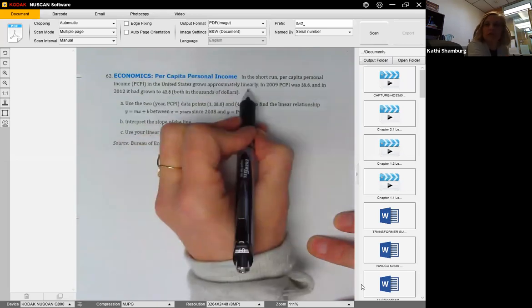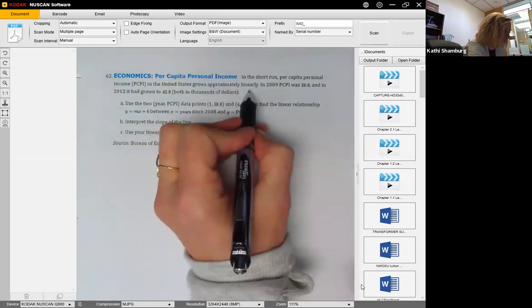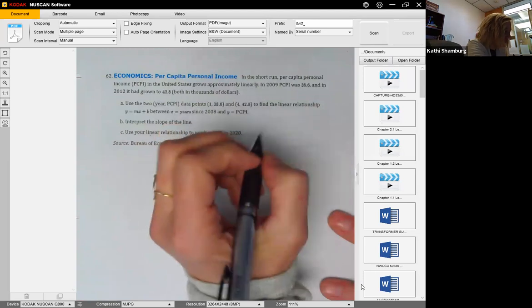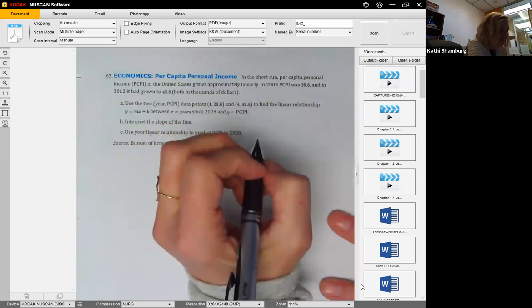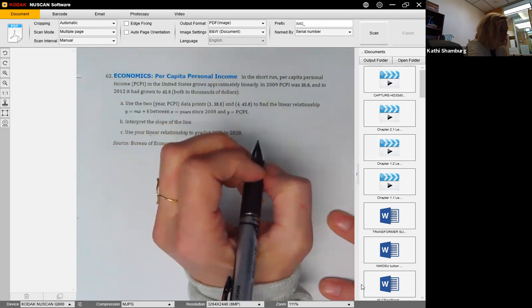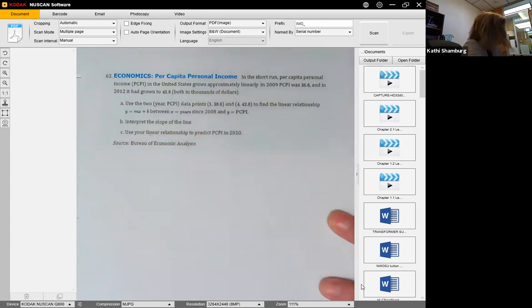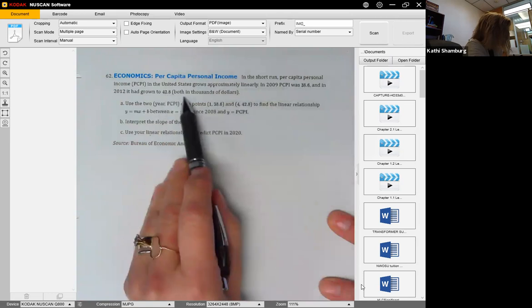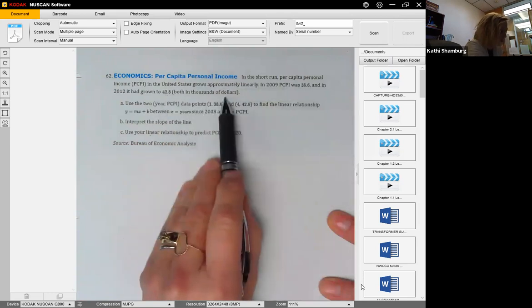So when it says it grows linearly, it means it makes a straight line. In 2009, the PCPI was 38.6, and in 2012, it had grown to 42.8. Both of those numbers are in thousands of dollars, okay?